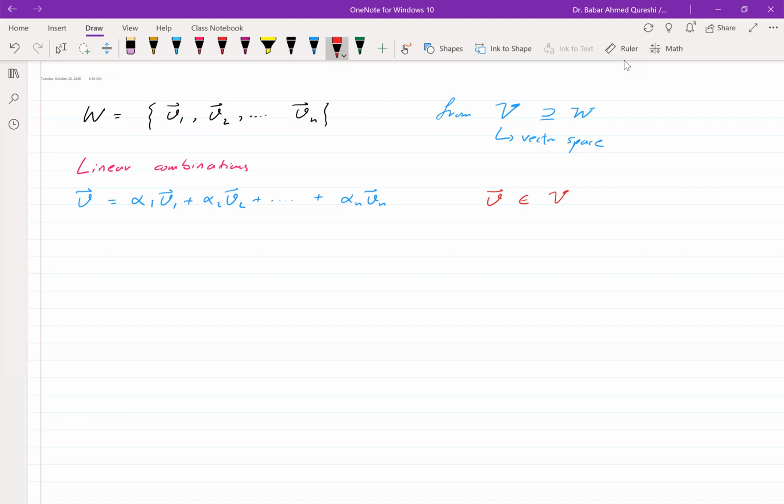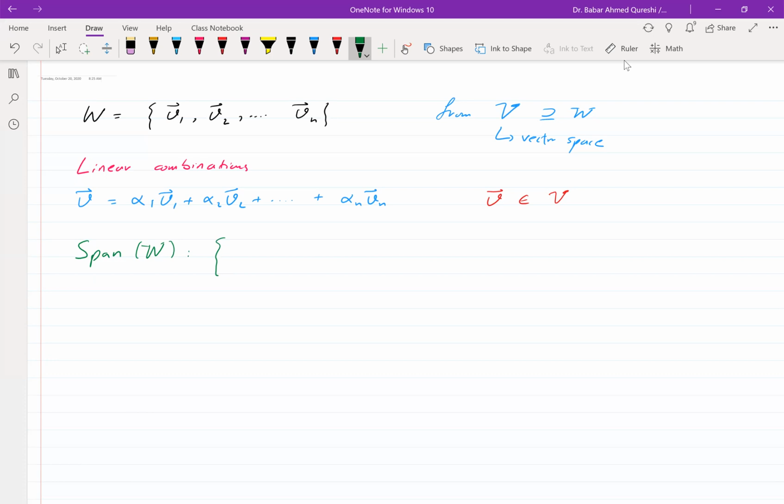But we saw something more, that if I consider the span of W, that means all vectors of this kind. You choose all possible values for these alphas, these constants.